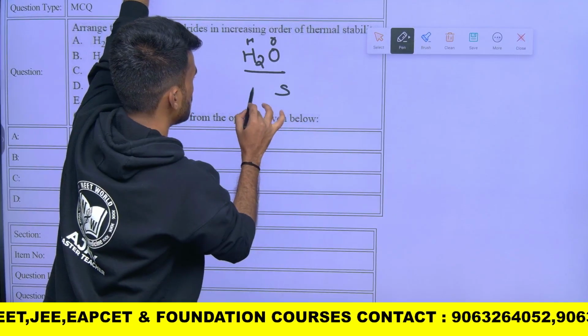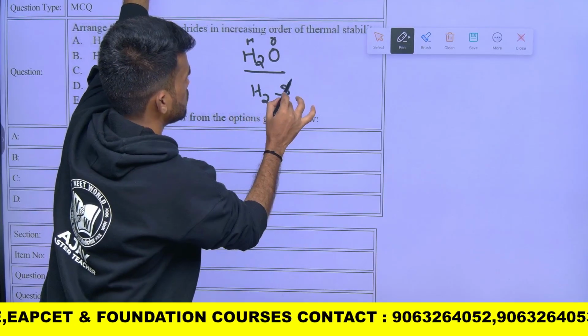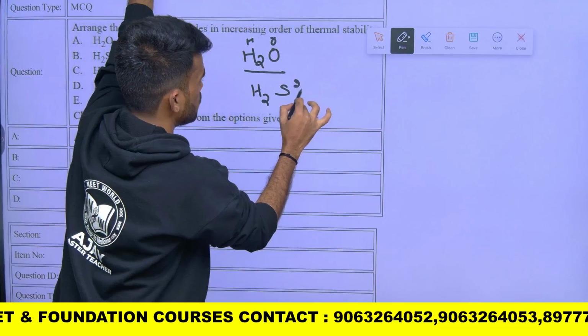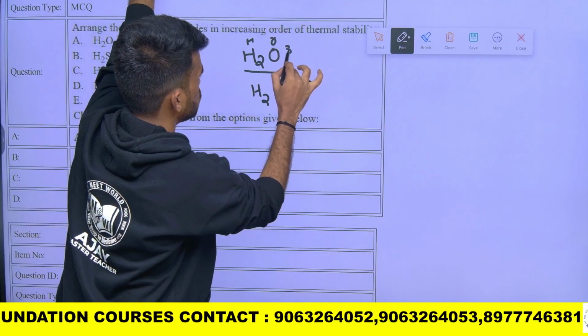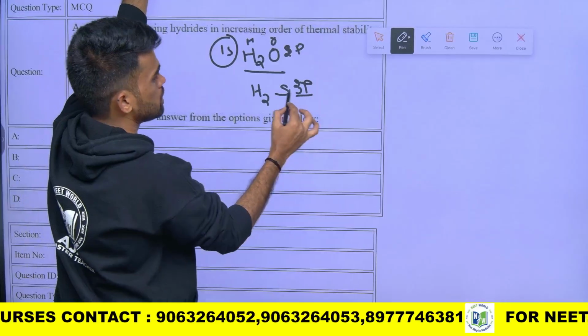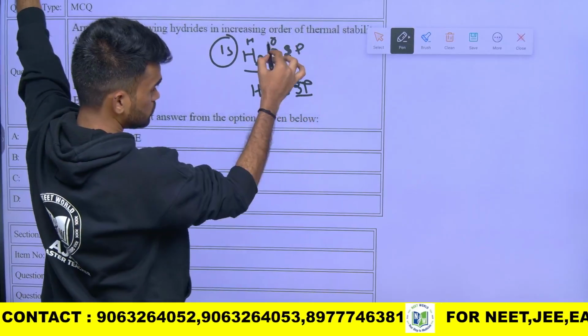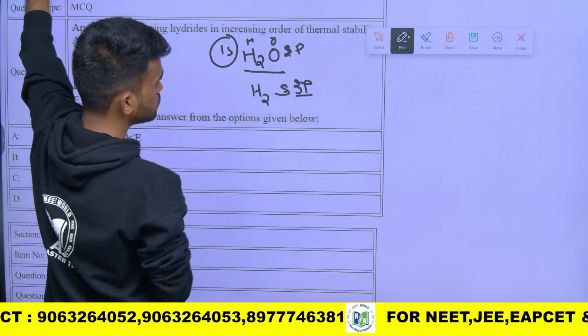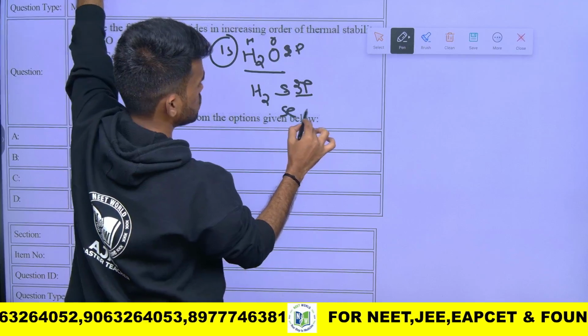Whereas for sulfur and hydrogen, this is 1s in all the cases for hydrogen, and this is 3p in the sulfur case, and for selenium, this is 4p.